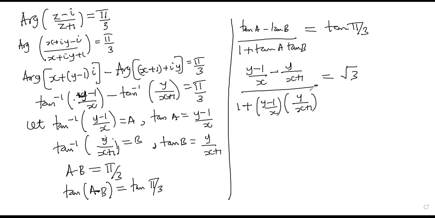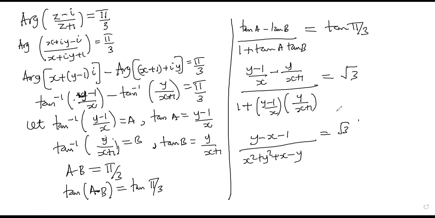So now, when you simplify this, take the LCMs, do all the necessary operations, take the LCM up, take the LCM down, you first open the brackets, then check the LCM, you take the reciprocal. So you're going to get x squared plus y squared plus x minus y is equal to root 3.